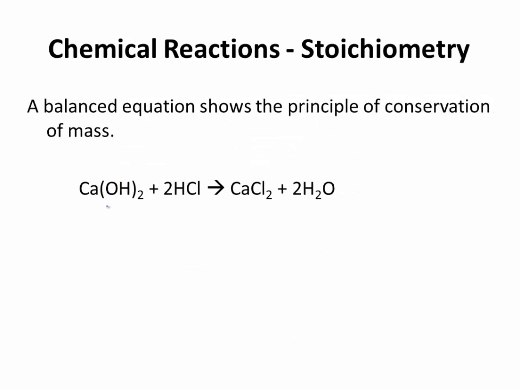In this form, you will see that 1 mole of calcium is present as a reactant and 1 mole of calcium is present as a product. You will also see that 2 moles of chlorine are present as a reactant and 2 moles of chlorine are present as a product. You could go through each element and see that the number of moles starting equals the number of moles finishing.